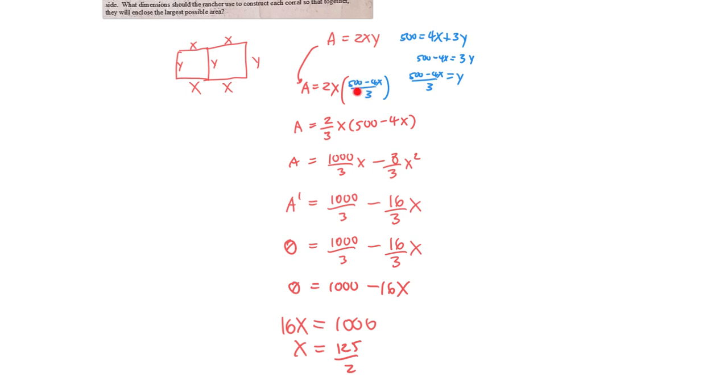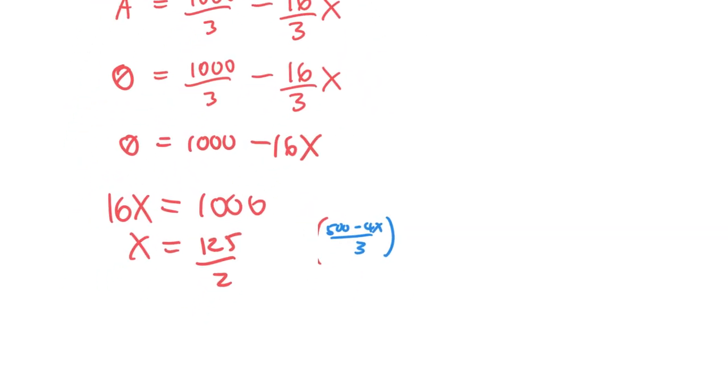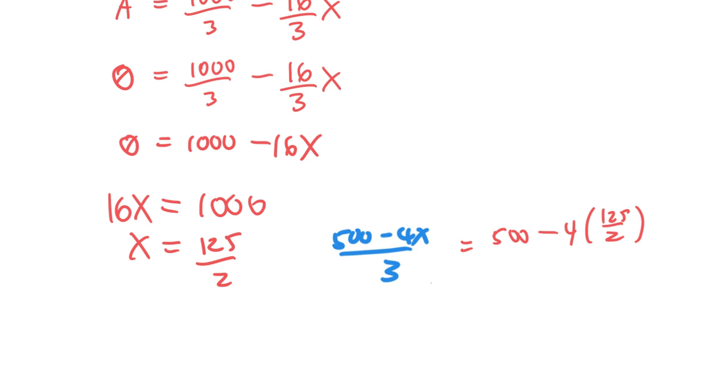Now, we already knew that y is equal to 500 minus 4x over 3. So let's bring that down, and that's going to give us the other dimension. Plugging it in, 500 minus 4 times 125 over 2 all over 3.